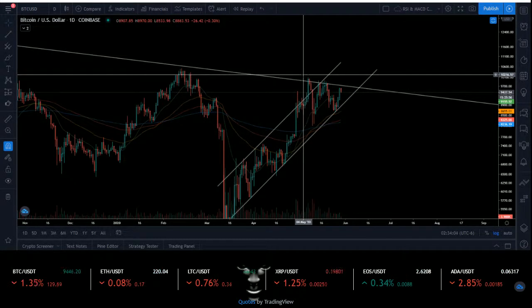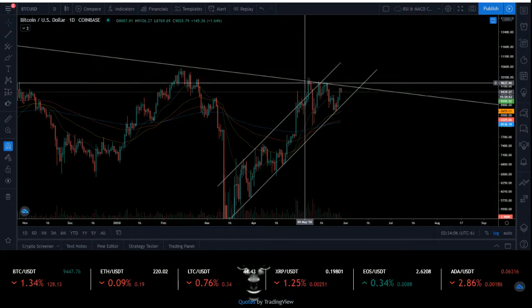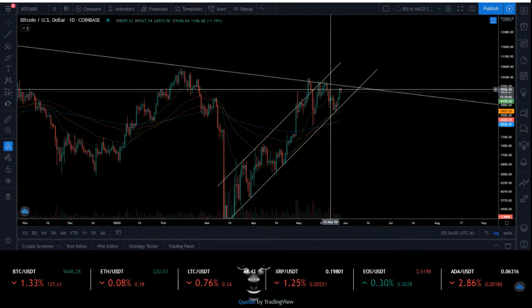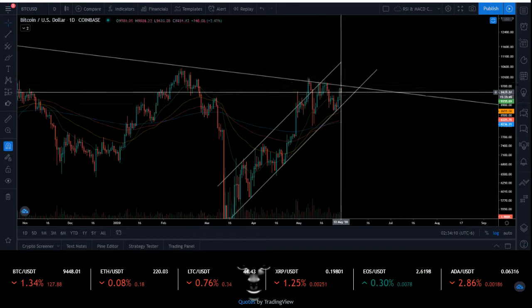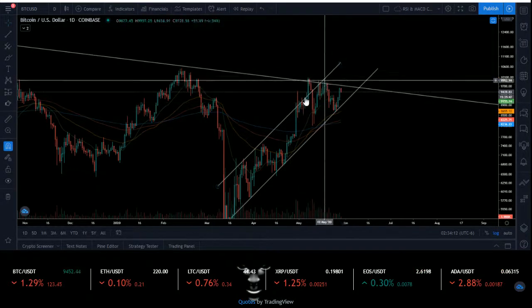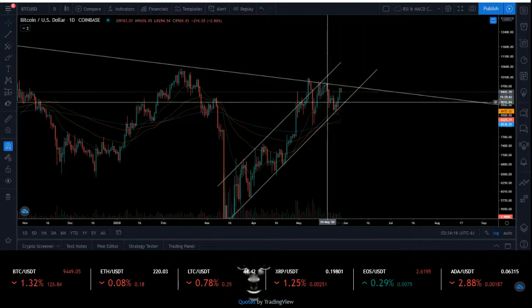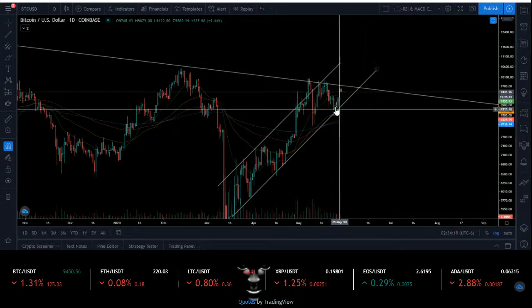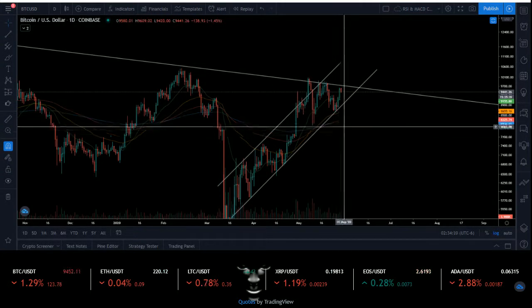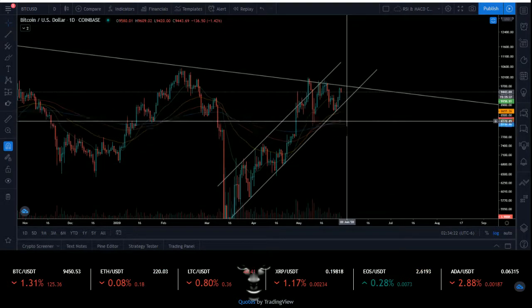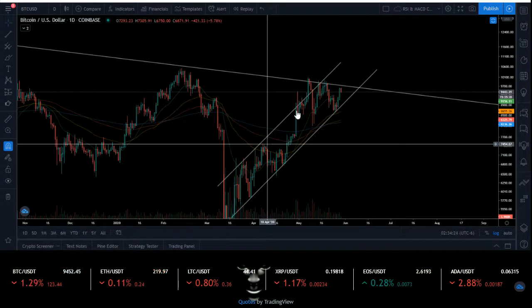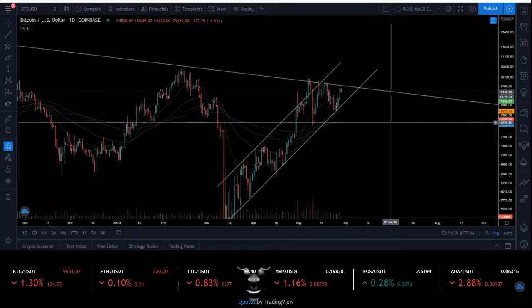There's a rejection here, and here it also rejected. Based on our trend line, it dropped to our lower trend line. But if it breaks, price could go quite deep for BTC.